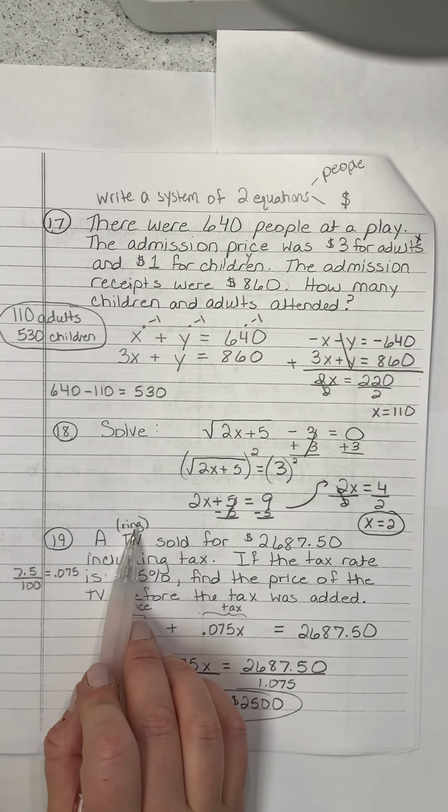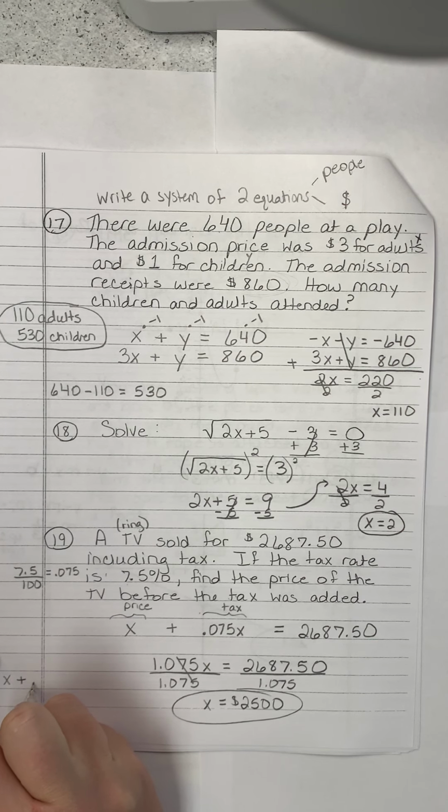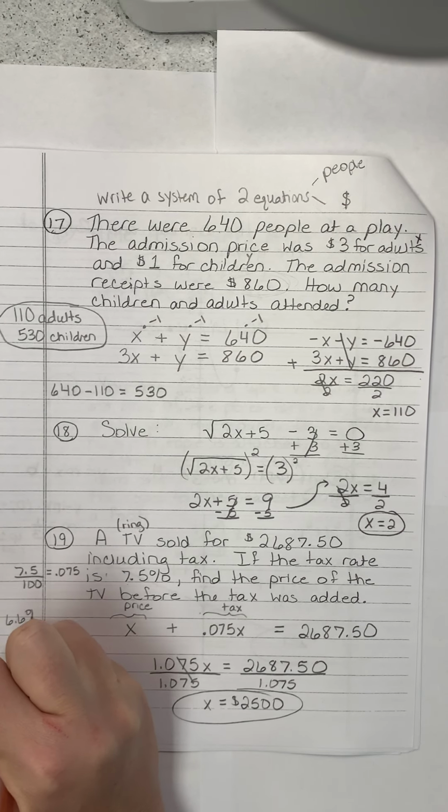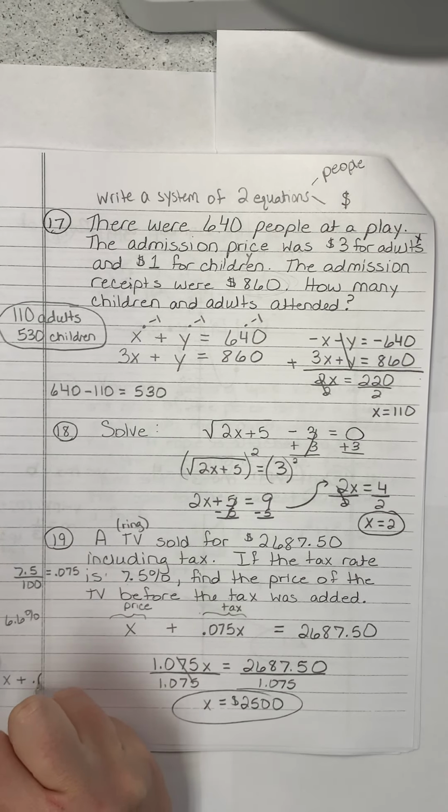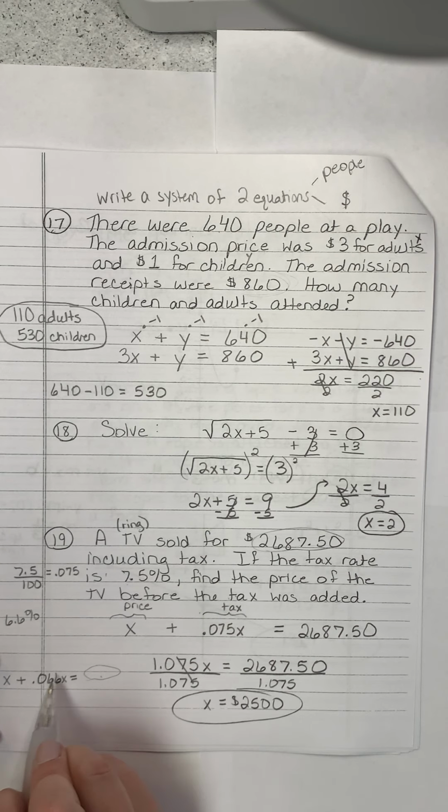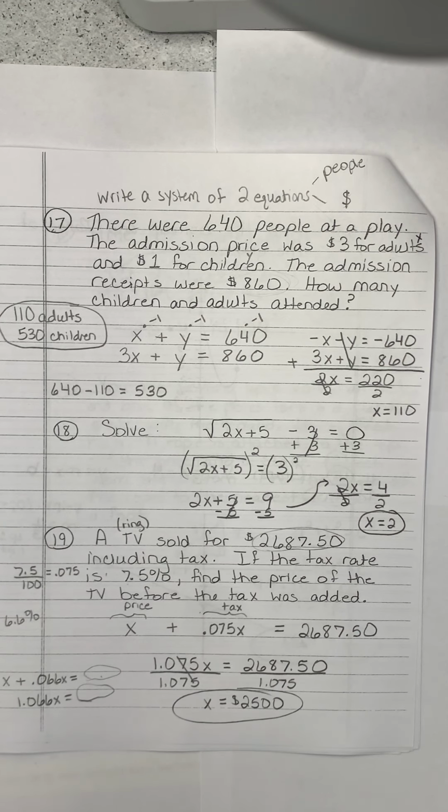I think on the final your ring is going to be 6.6%. So your equation is going to be x plus, because it's 6.6%, 0.066x equals whatever this amount is they give you. And then you would add these together and then divide both sides by the 1.066. Okay.